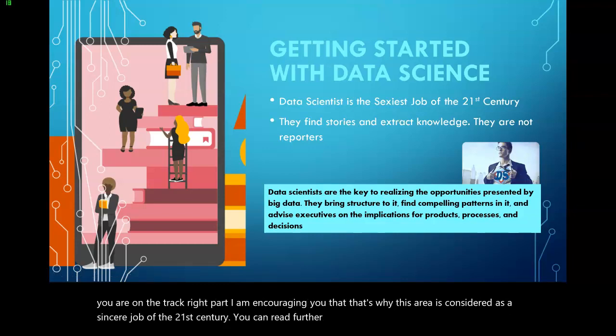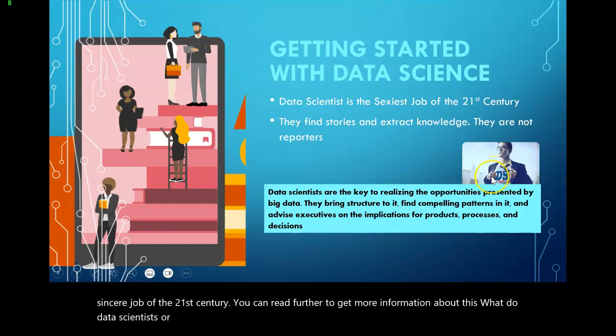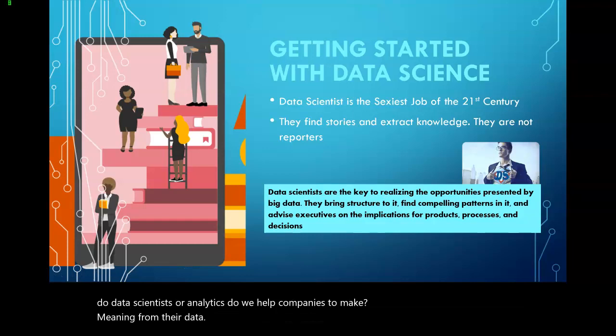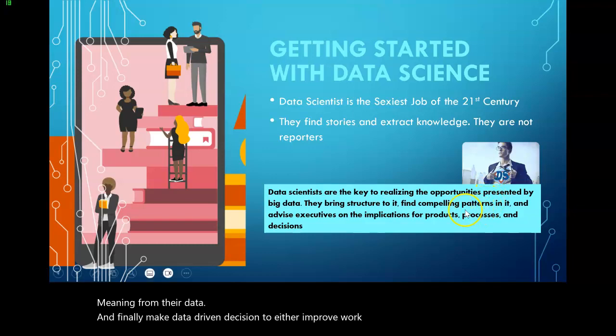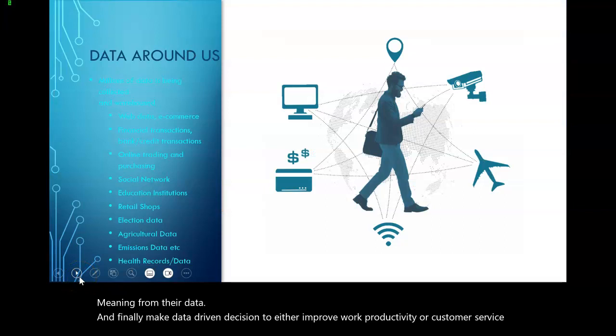What do data scientists or analysts do? We help companies make meaning from their data and finally make data-driven decisions to either improve work productivity or customer service. Now, thinking of where we get data from, we have millions of data around us.